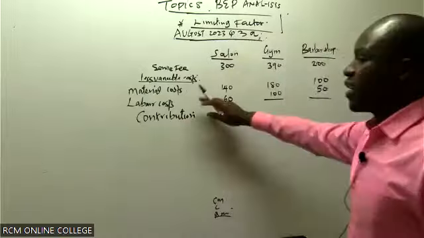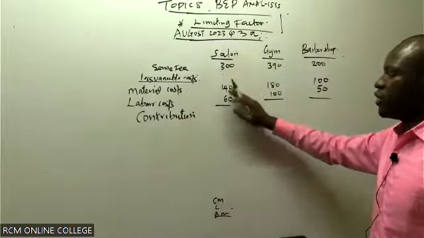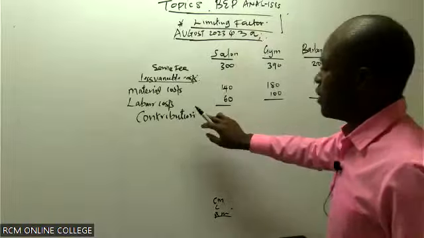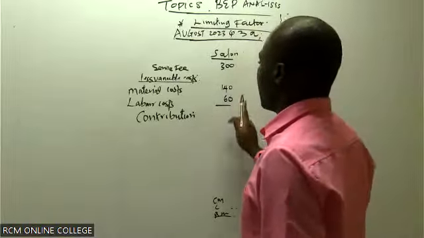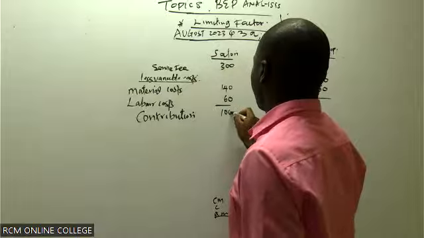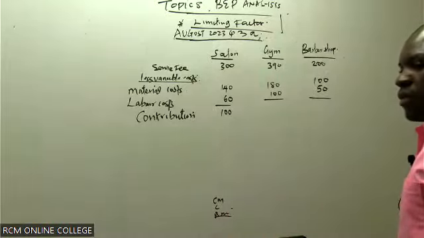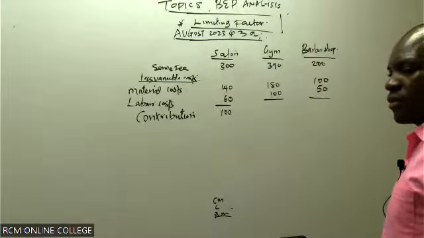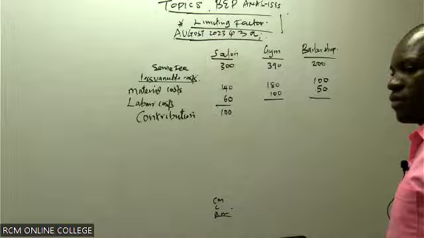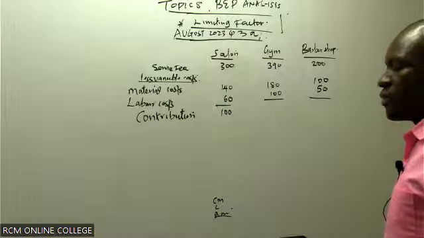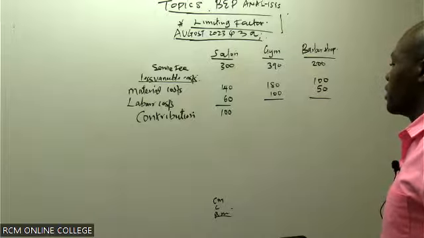So it is less variable cost. Someone to give us the contribution. I believe this one we calculated. It is 300 minus 200, 100. How about this other one? It's also 100.